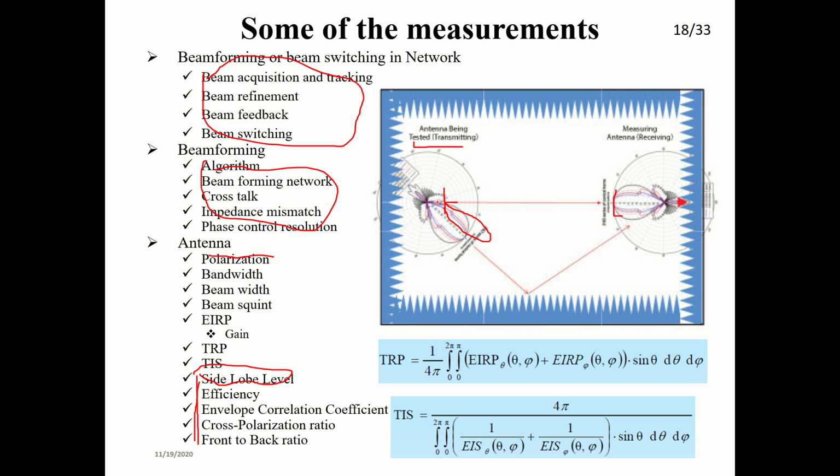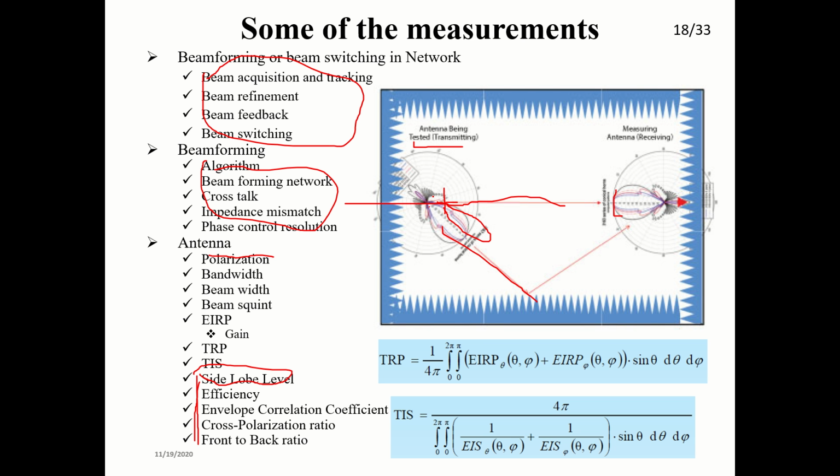So here you are sending a null, not sending any signal in the other direction. That's why we have to refine the acquisition and tracking. You have to refine the beam, with a beam search process. The initial beam search is done before we take up the measurement.